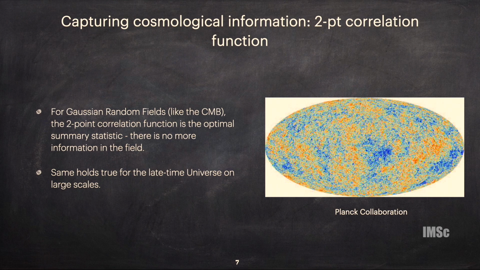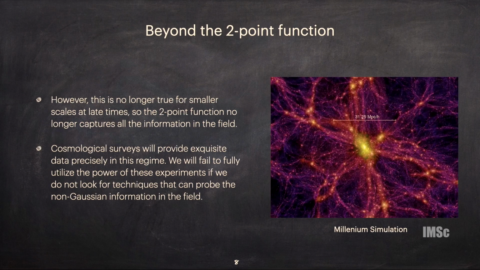But as we saw from the previous simulation, on small scales the field is extremely non-Gaussian and the power spectrum is not able to extract all the information there is. And ironically, cosmological surveys will provide exquisite data precisely in this regime. There is low sample variance on small scales, so that noise is low. And we will fail to fully utilize the power of these experiments if we do not look for techniques that can probe the non-Gaussian information.